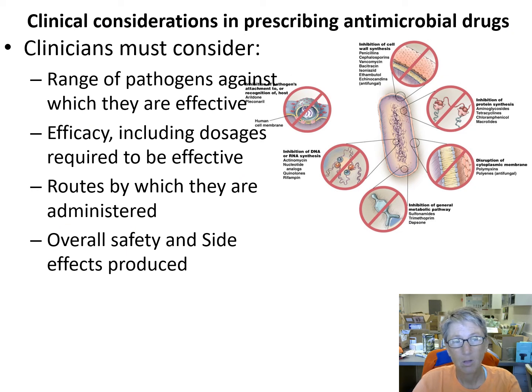So the clinician, when they decide which drug to give the patient, has to consider the range of pathogens against which the drug they want to give is effective. So if a person has a gram-negative disease, they have to know it's gram-negative, they have to know the type of bacteria and what drug will be efficacious against those bacteria, and also the drug dose.